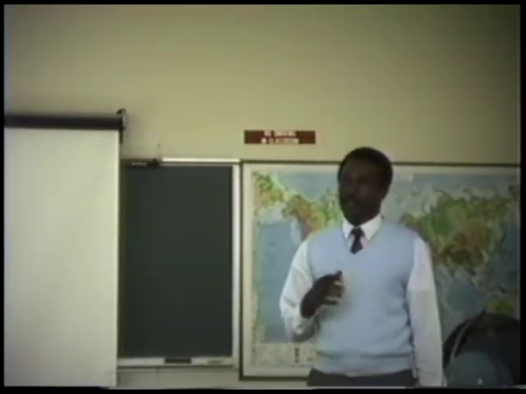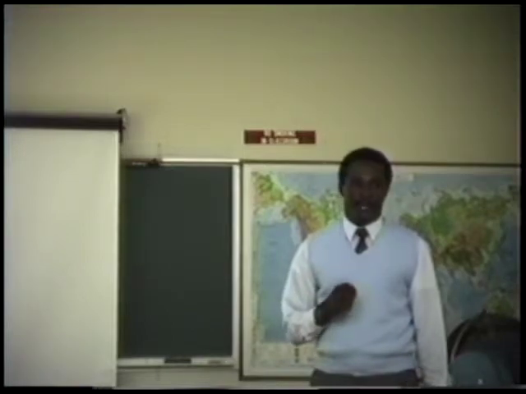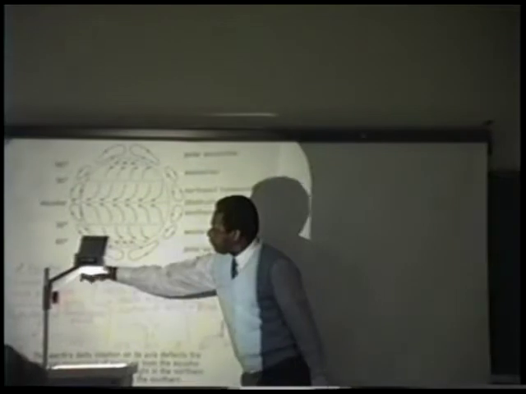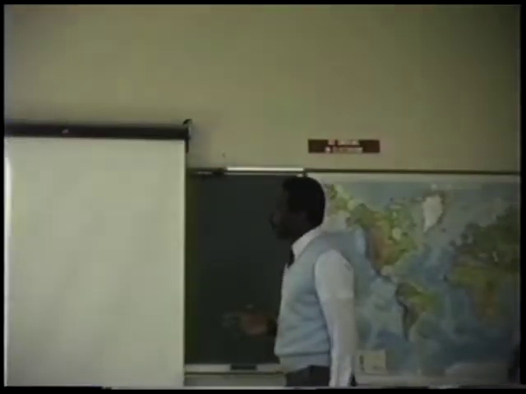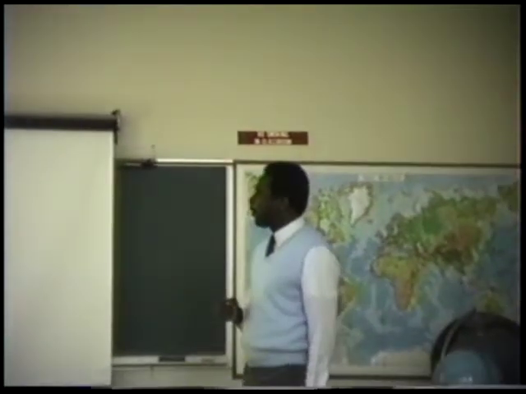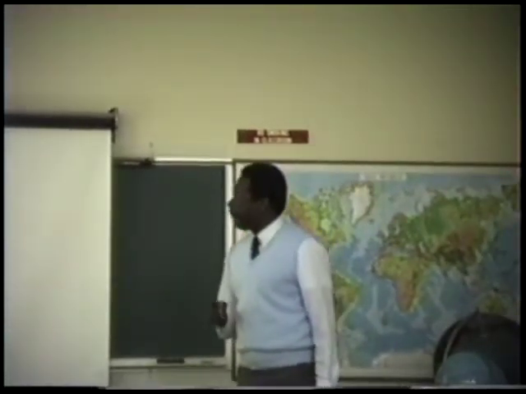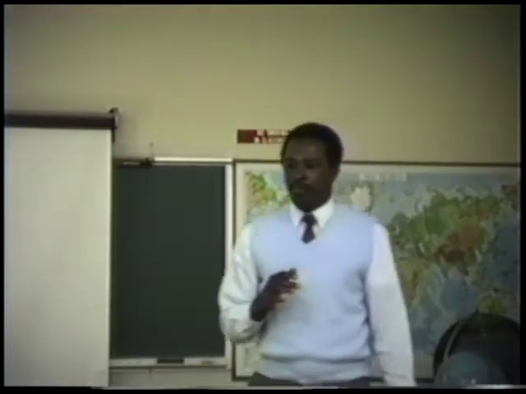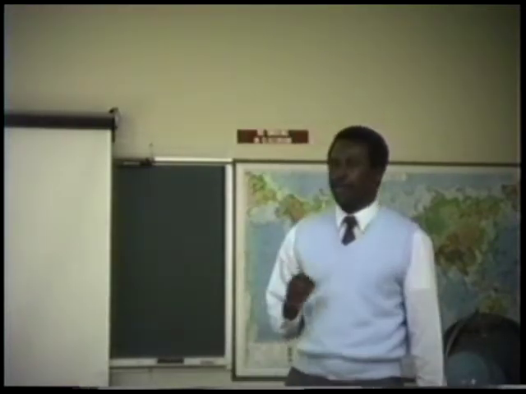What is the weather situation like at these degrees of latitude? Well, at the equator, you have information shown to the left on the transparency, you have basic characteristics associated with this particular low pressure area.